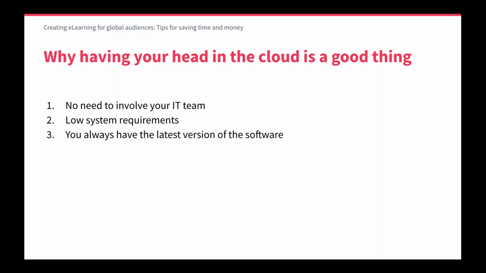Also, you always have the latest version of the software, so you don't have to worry about getting updates with the cloud-based product. Because imagine if you've got a desktop tool and you haven't used your authoring tool for a few weeks, then you'll have to start work without all the latest new features until you manually or automatically download them, and you'll be unable to work while the latest version is installed.